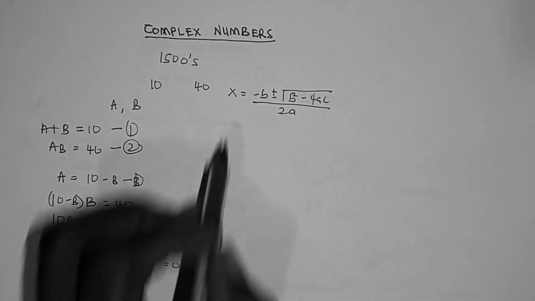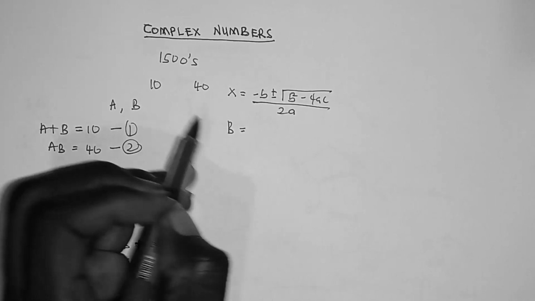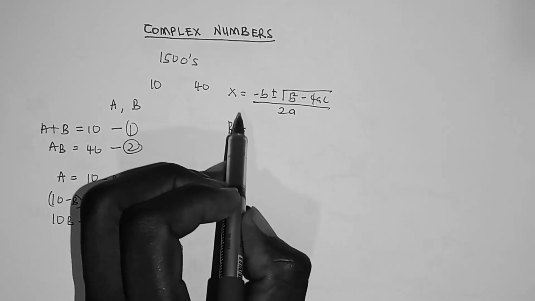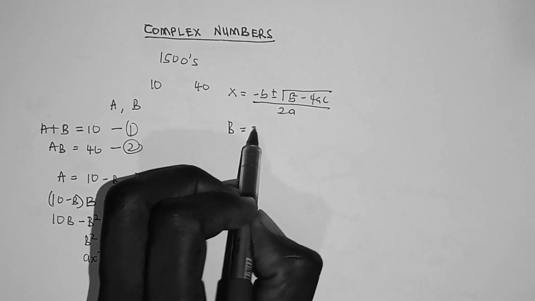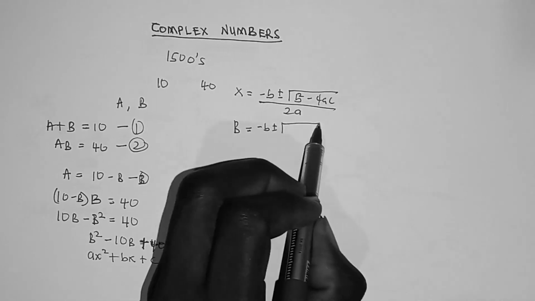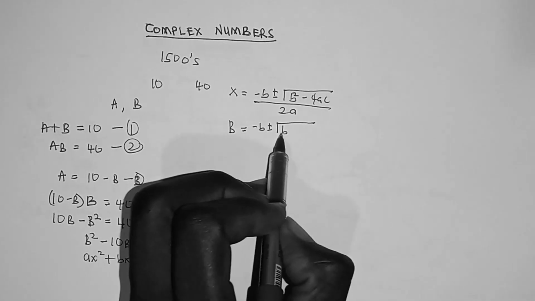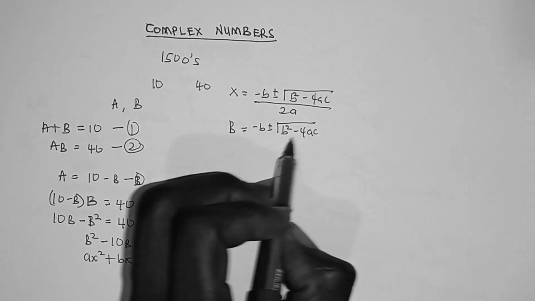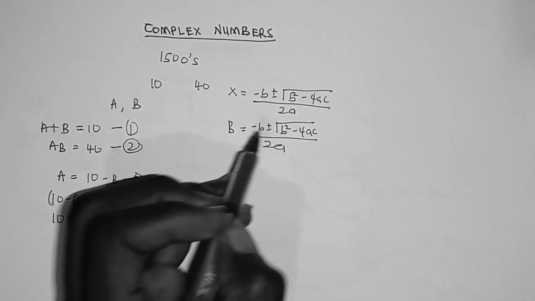In this case, x is B, so capital B is equal to minus b plus or minus square root of b squared minus 4ac all over 2a.